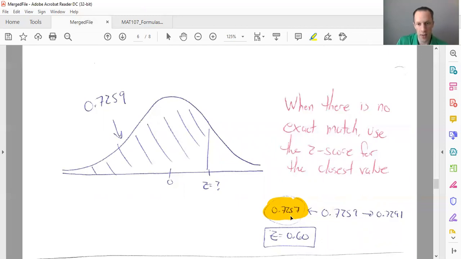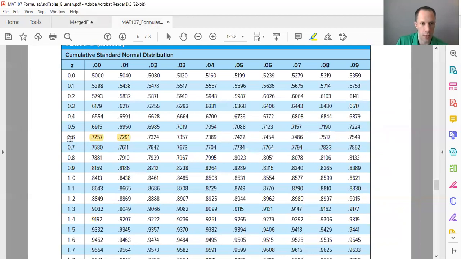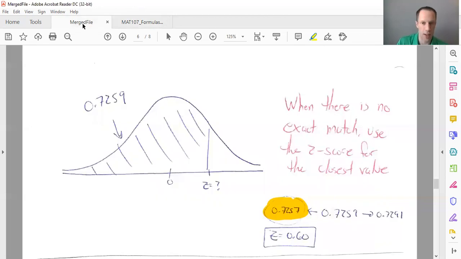So just take the z-score for the 7257, which would be 0.60. So if the number you're looking for is not in the chart, no big deal. Find the numbers that it's in between, and then take the z-score for the closest value.